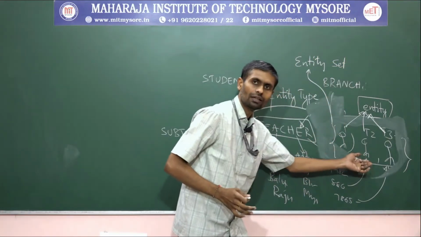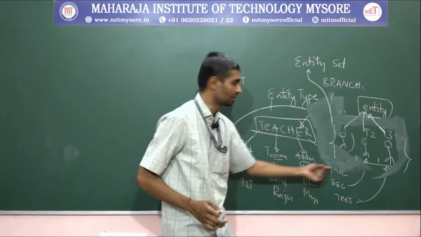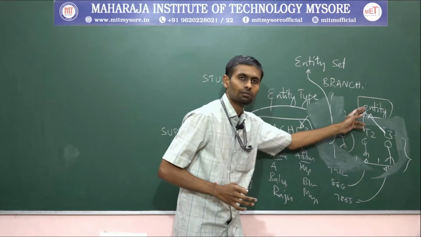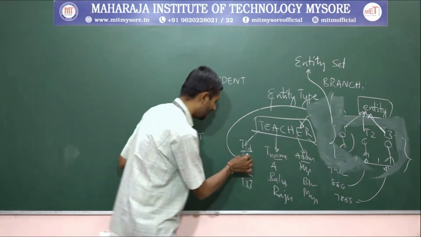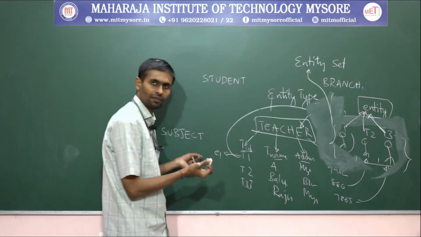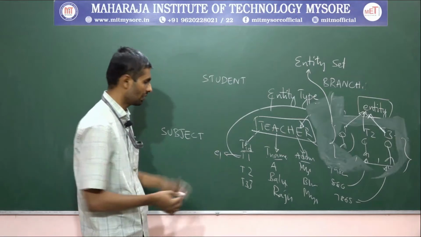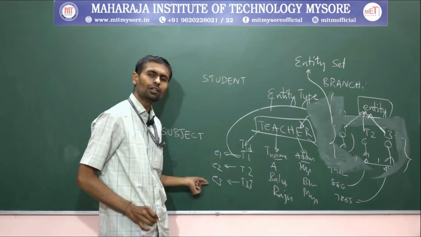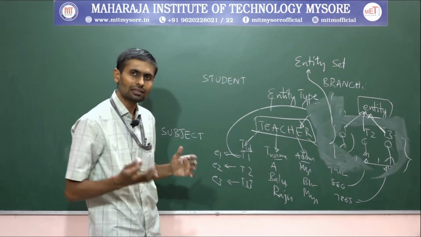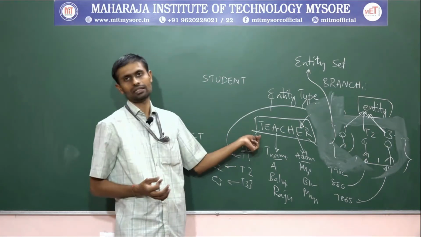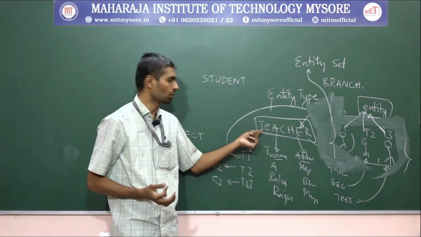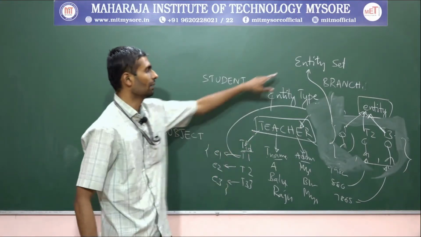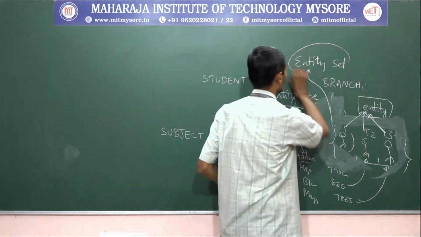It's a set of instances, a set of objects, or, basically in terms of the ER model, if I want to explain, a set of entities, where T1 is an entity, let's call it E1, and E2, and E3. E1, E2, E3 are all instances or entities of this teacher entity type, and a collection of these E1, E2, E3 we call an entity set.